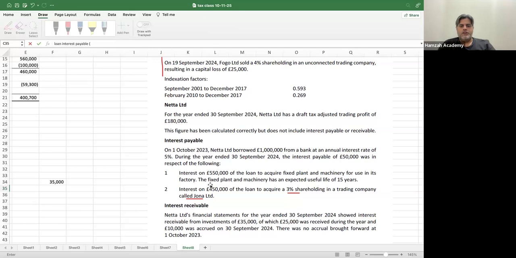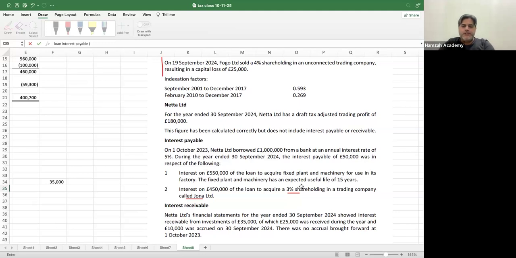Number one, interest on 550,000 of the loan required to acquire the fixed plant and machinery. The fixed plant and machinery has an expected useful life of 15 years, and then interest on 450,000 of the loan to acquire a 3% holding over here.